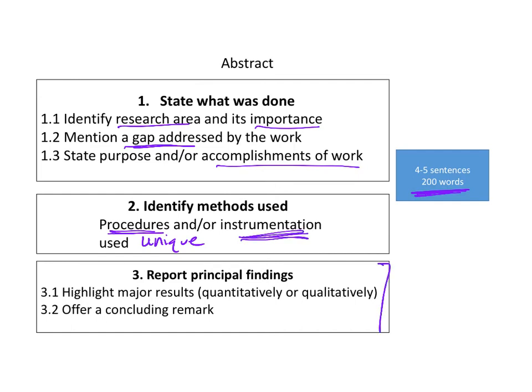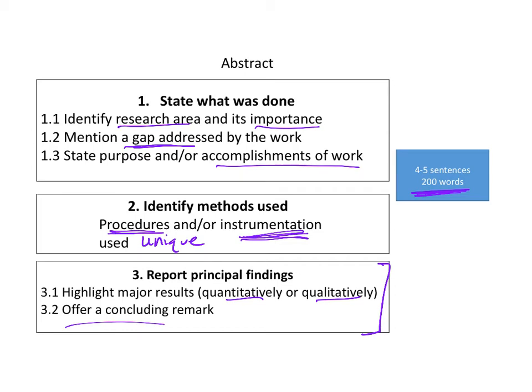And then this is really important. This last bit is to highlight any major results, either quantitative or qualitative, in the actual abstract itself. So you need to have a statement that says "our results show" or something to that effect, just to highlight the really cool part of the research project that you've been working on. And then maybe offer a concluding remark.